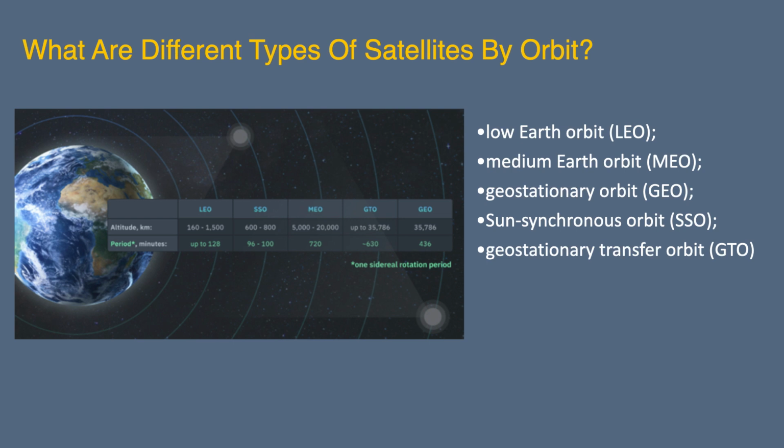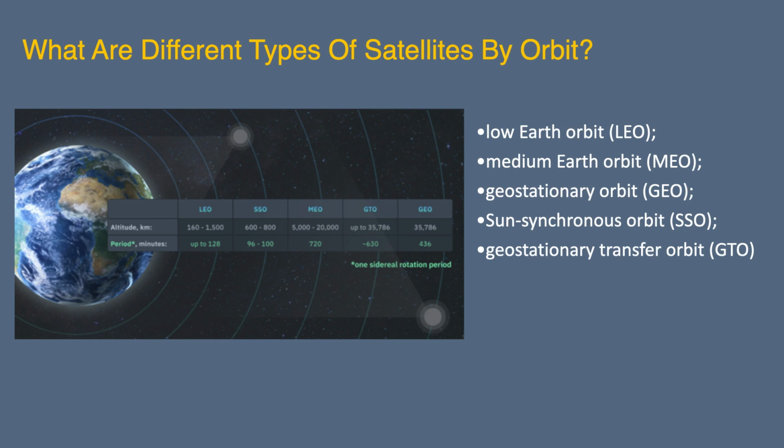Sun-synchronous orbit, SSO, passes over the polar regions at an altitude of 600 to 800 kilometers. Satellites in this orbit always cross the same point at the same local solar time, making it useful for Earth observation.